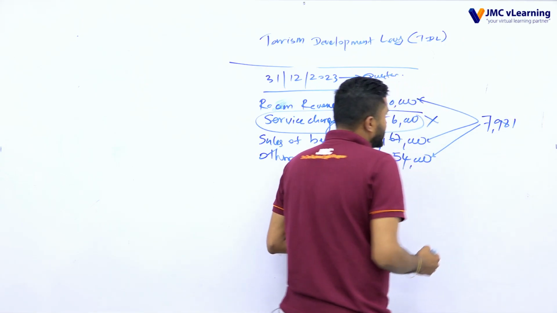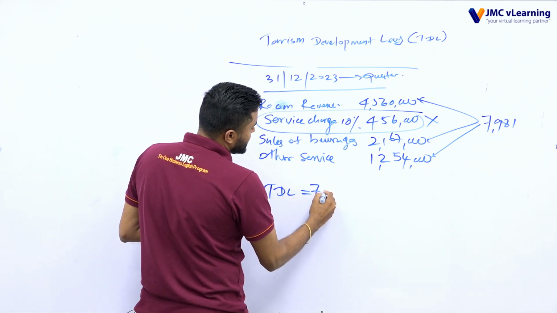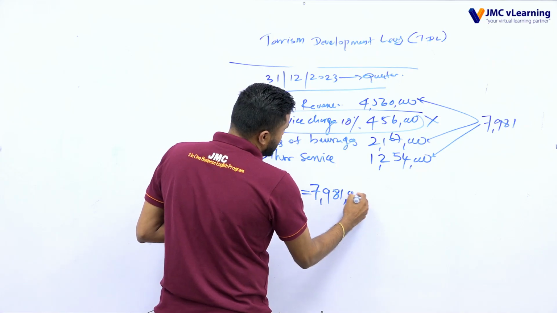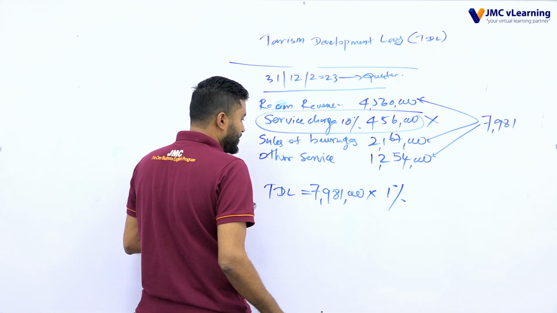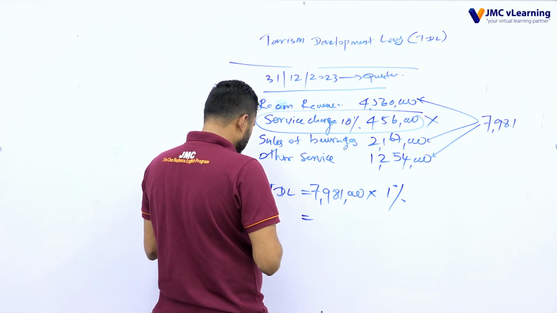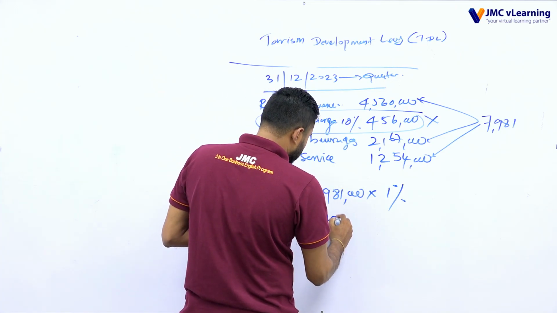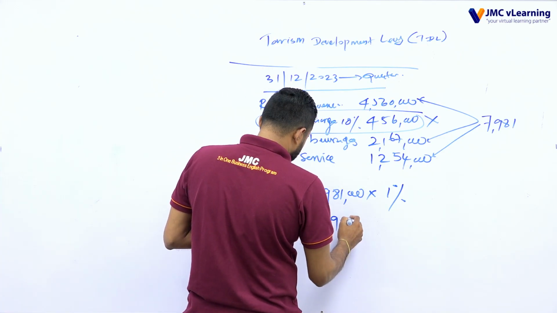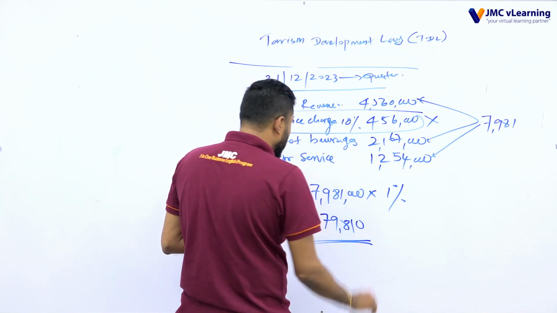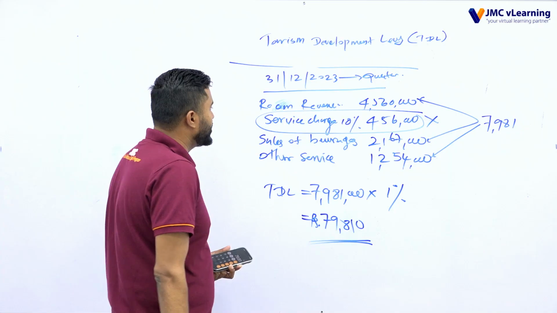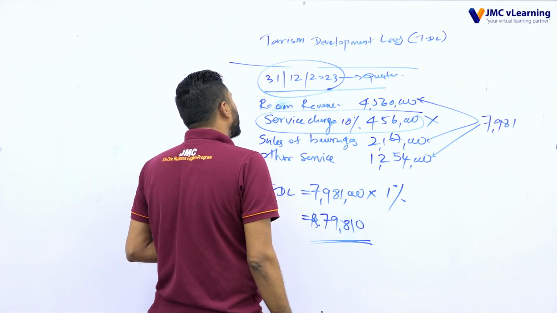Therefore, the tourism development levy should be 7,981 into 1%. The rate is decided because it is more than 3 million per quarter. Therefore, you need to multiply by 1%. So that is something like 79,810. This is the tourism development levy that needs to be paid for the quarter ended 31st December 2023.